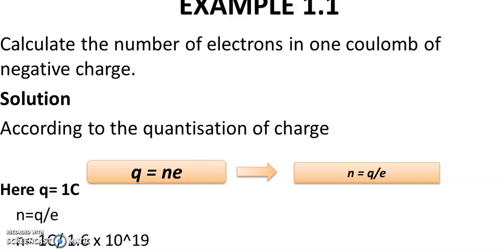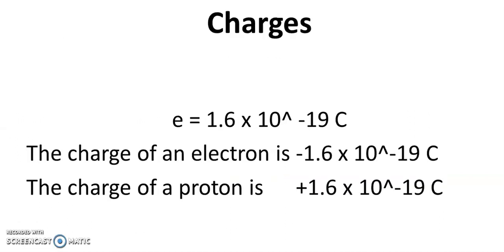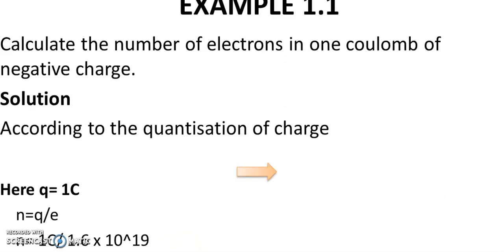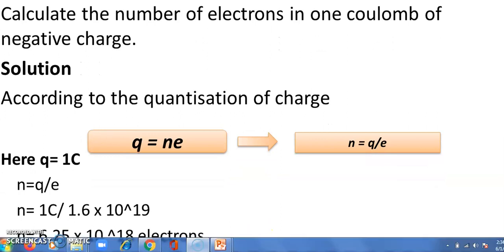Divided by the value of e, as we have seen in the earlier slide, 1.6 into 10 to the power of minus 19 coulomb. We'll get the answer as 6.25 into 10 to the power of 18 electrons.